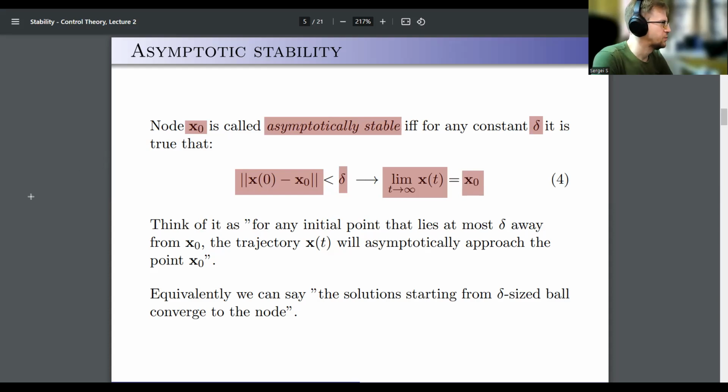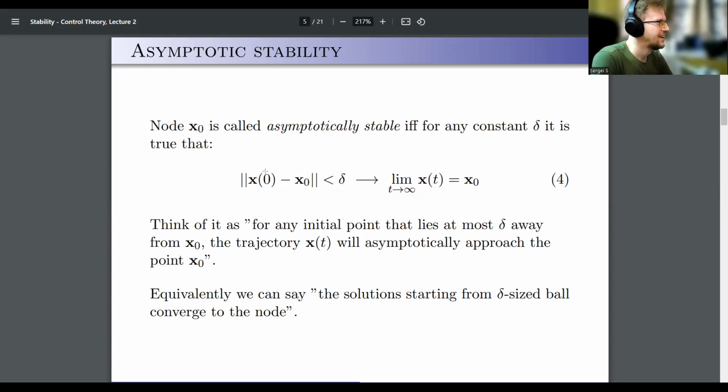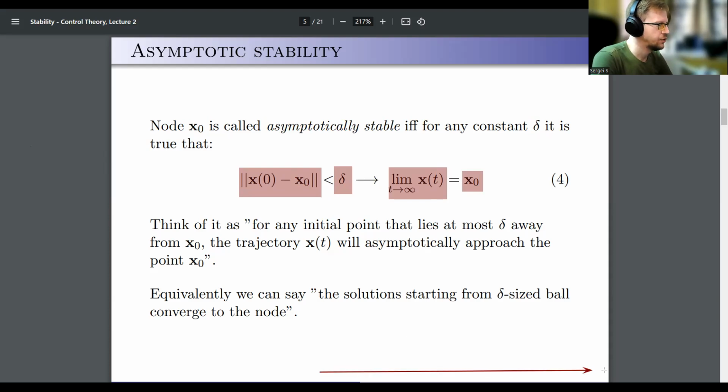So let me put it now in normal language. If we are only delta away from our x node solution, it means that we will converge to x node as time goes to infinity. So our graph, I will draw it here. If that's our x node, I'll draw it in brown.